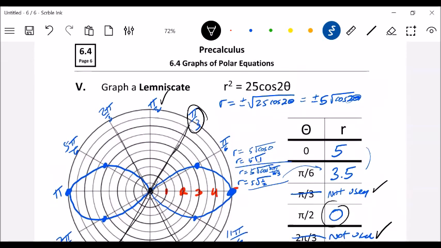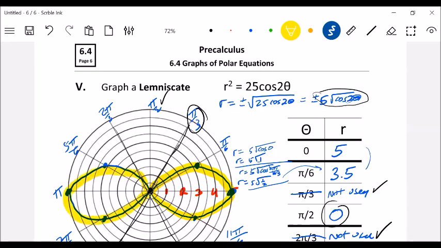If you put this in the graph as plus 5 root cosine 2 theta, you would get 1/2 of this. The positive one would give you this one. And then you do a second one on your r equals, because you graph this with polar coordinates. The negative one would give you this side.